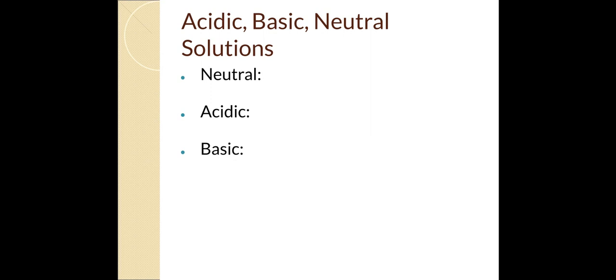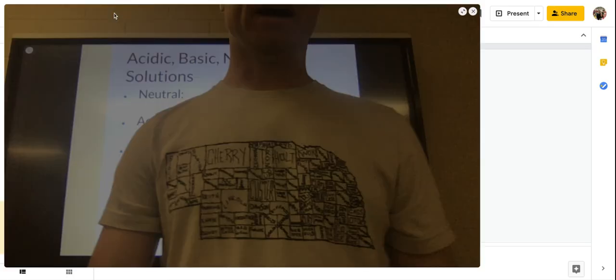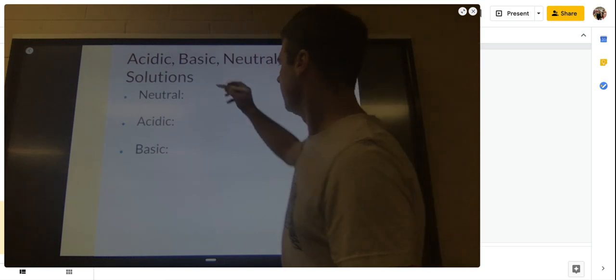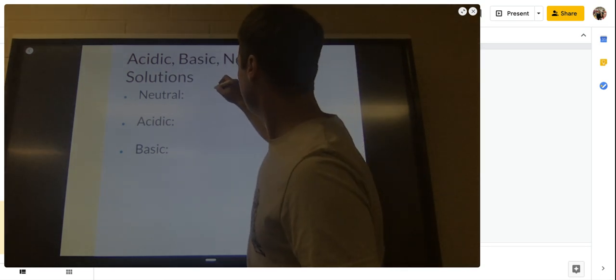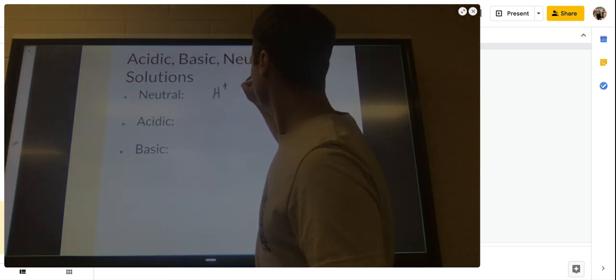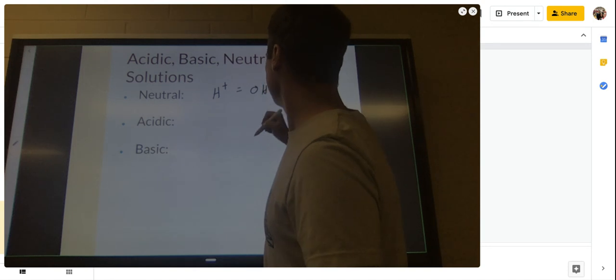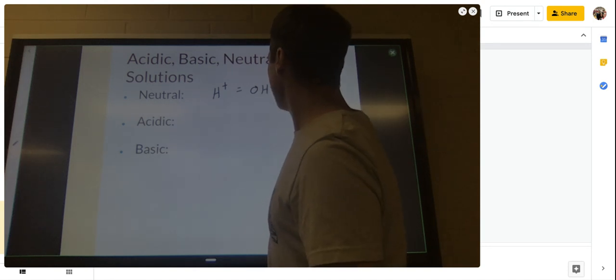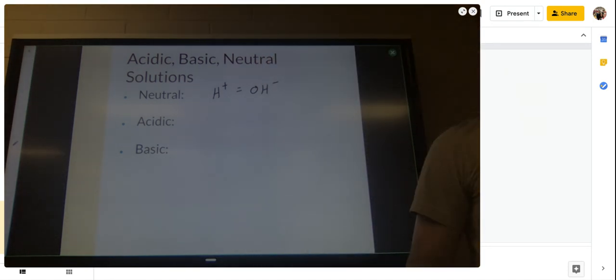So the idea behind this is a solution that's aqueous is going to fall into one of these three categories: neutral, acidic, or basic. And the idea that follows with that is right here. It is neutral if the H pluses are equal to the OH minuses, like in pure water. Pure water is going to have the same number of H pluses swimming around as OH minuses.